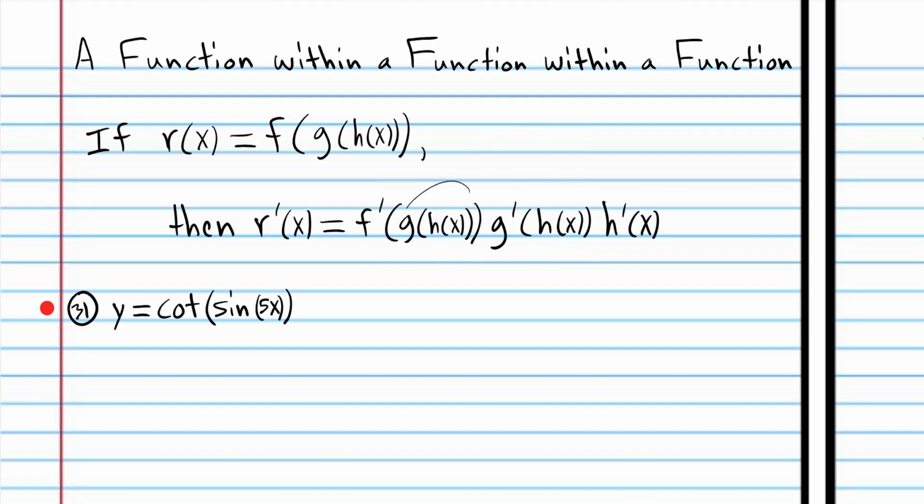But when you find the derivative of the inside function, it's a function within a function, so you have to use the chain rule again. And when you take the derivative of this, you get this, which uses the chain rule again. Find the derivative of the outside function, keep the inside function, and multiply by the derivative of the inside function.